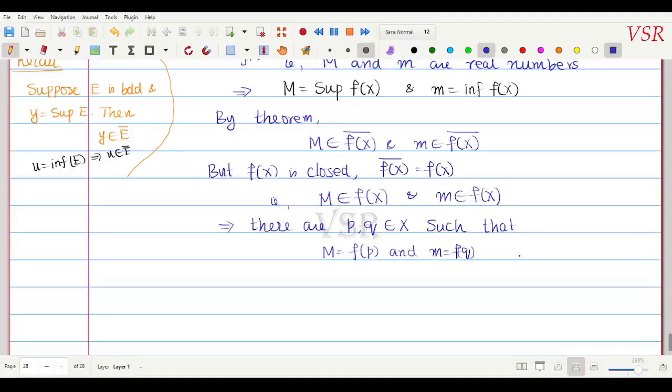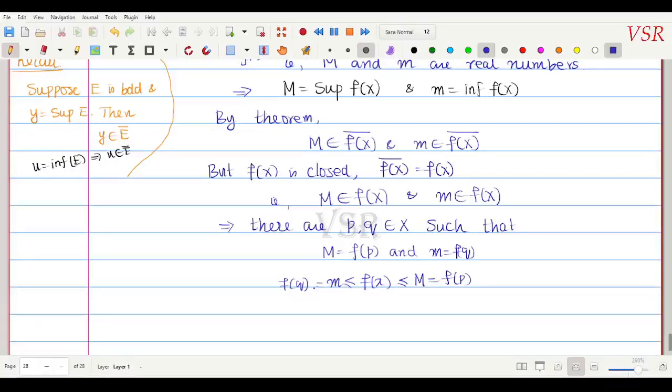Okay, that is all. The rest is ordinary. What is the other inequality? Since capital M is the maximum, we always have small m less than or equal to f of x, and this is less than or equal to capital M.